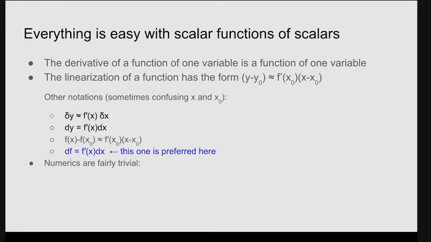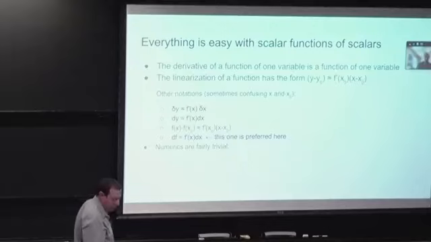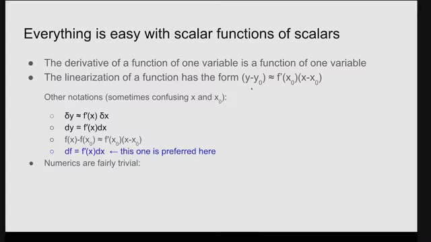And of course, you all know that. So looking at this expression, if you're sitting at a point x0, y0, then the linear function that's tangent to the curve can be written as y minus y0 equals f prime of x0 times x minus x0, right? So if I put this down in the denominator, it's just saying the change in y over the change in x is the derivative, right?